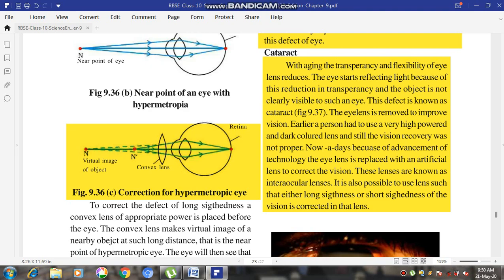This defect is known as cataract. The eye lens is removed to improve vision. Earlier, a person had to use a very high-powered and dark-colored lens, and still the vision recovery was not proper. Nowadays, because of advancement of technology, the eye lens is replaced with an artificial lens. These lenses are known as intraocular lenses.